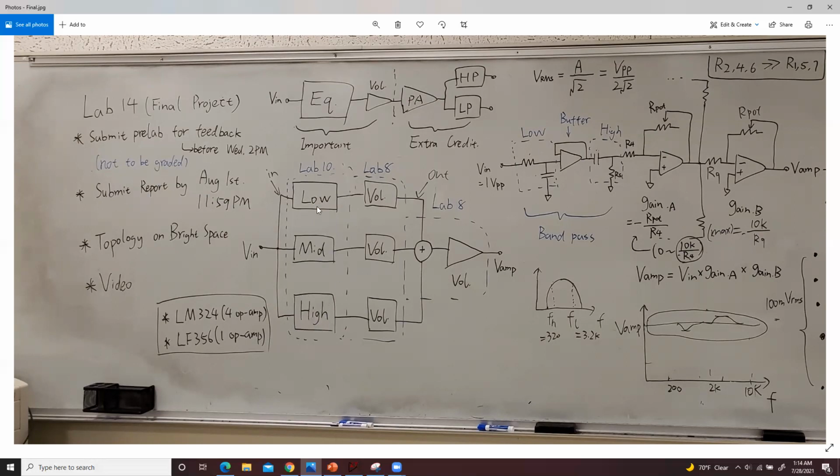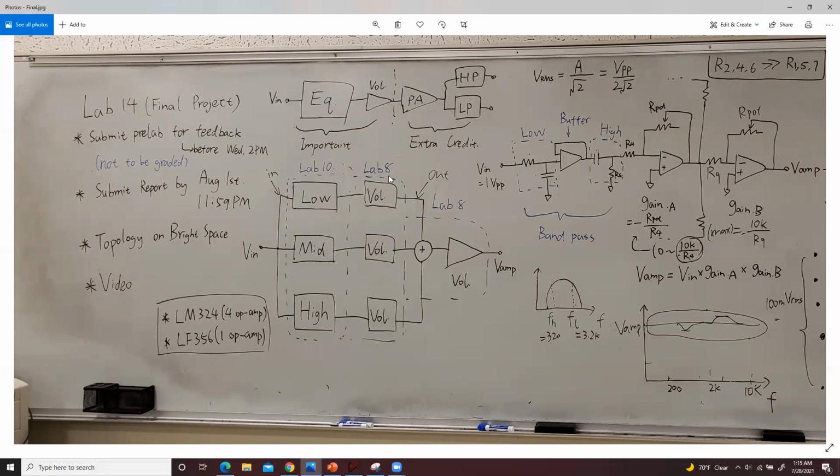Then after each filter, you have a volume control, so that you can control the volume at different frequencies. After each path, the signals will be combined by the summing amplifier, and you have a total volume control by using the summing amplifier. Okay, so that's how the block diagram looks for the equalizer part.